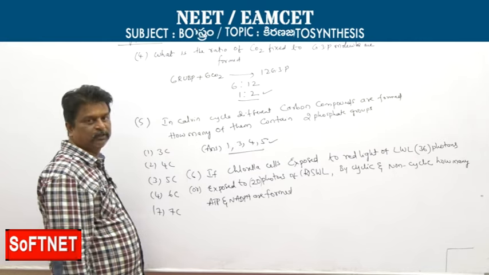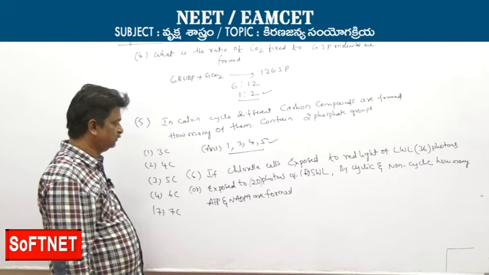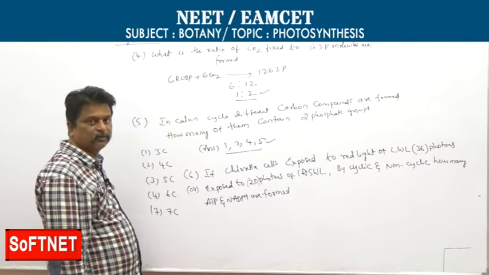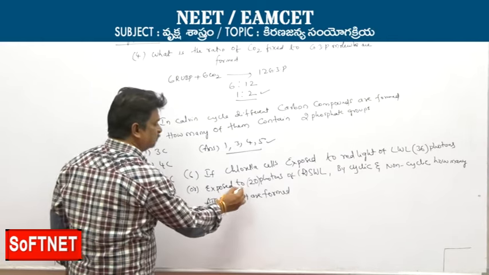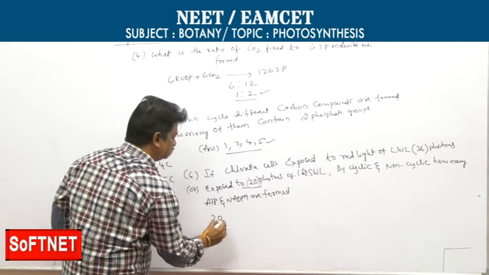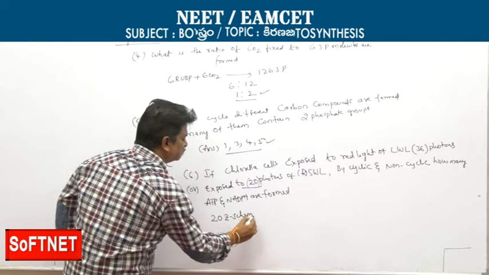So, longer wavelength 36 photons, shorter wavelength 20 photons. So, for non-cyclic, 20 photons of shorter, 20 photons of longer. It means 20 Z schemes take place.